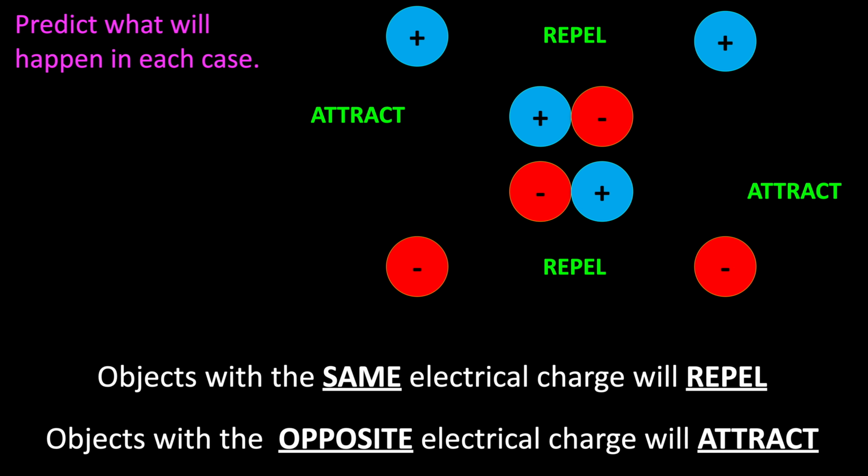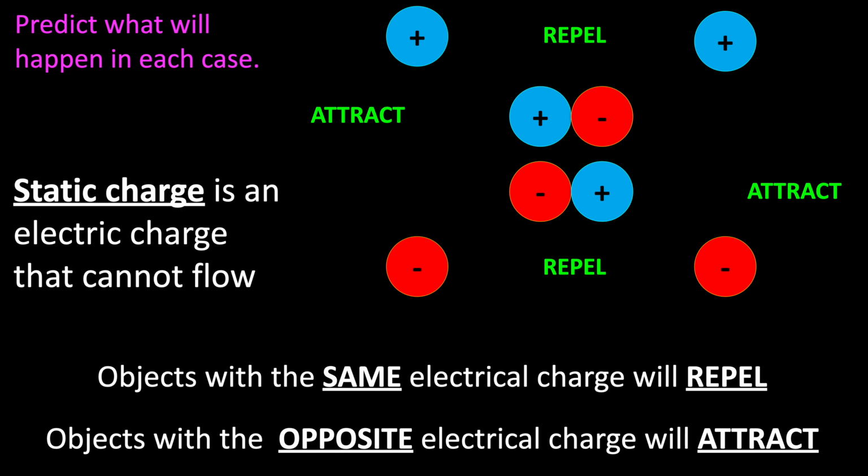And the key concept to note is that a static charge is an electric charge that cannot flow. This is extremely important. And having charges that are static and cannot flow can be very useful for several applications, and we'll cover those in the coming lessons.